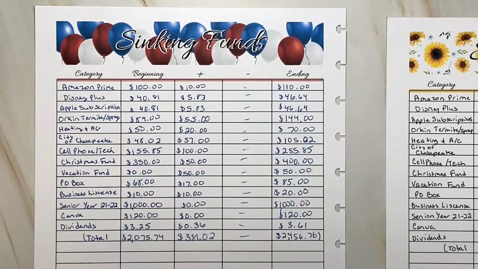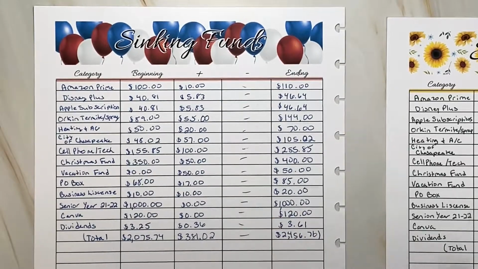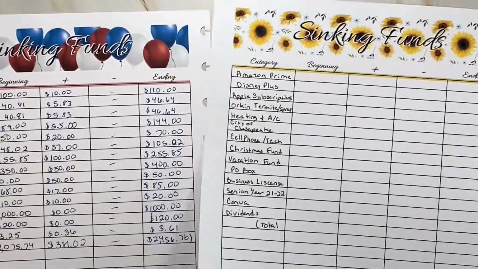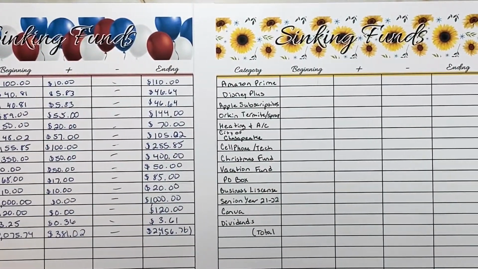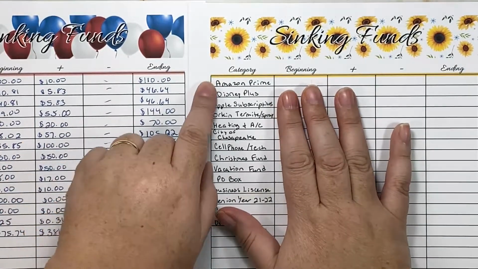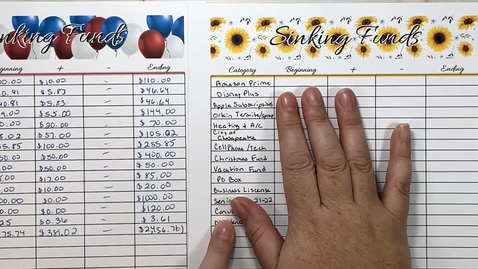It does appear I have written everything out. I have my closeout amount, and now these ending balances are my new beginning balances. So that's what I'm going to start with here, and we're just going to set these next to each other in the view. I've already got all my categories listed for my sinking funds.